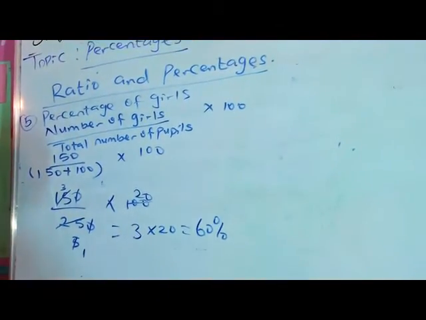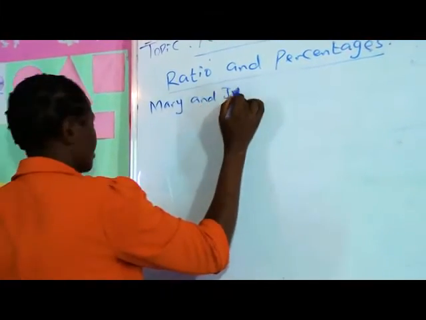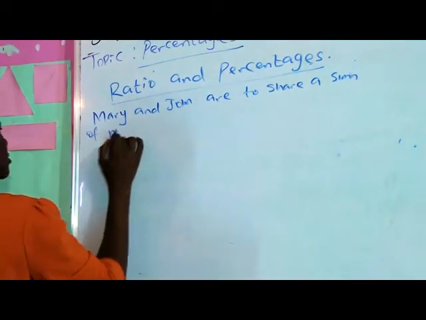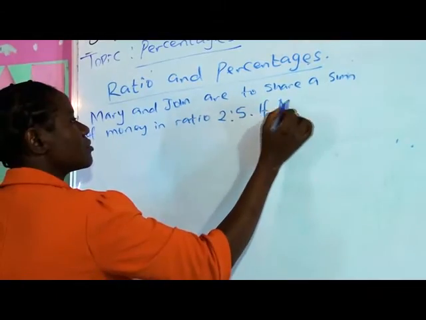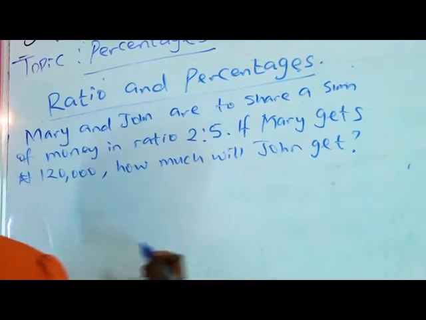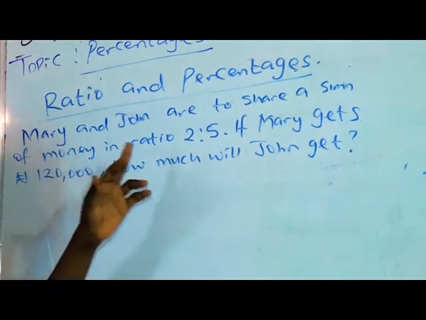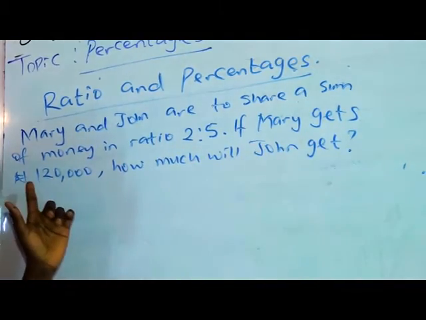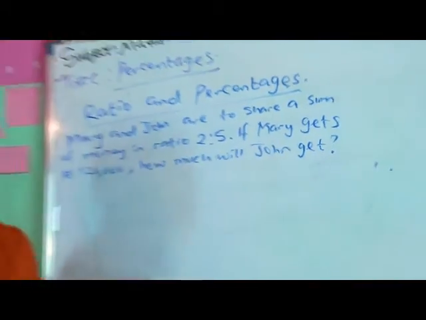Let's take another question. Mary and John are to share a sum of money in the ratio 2 to 5. If Mary gets 120,000 naira, how much will John get?